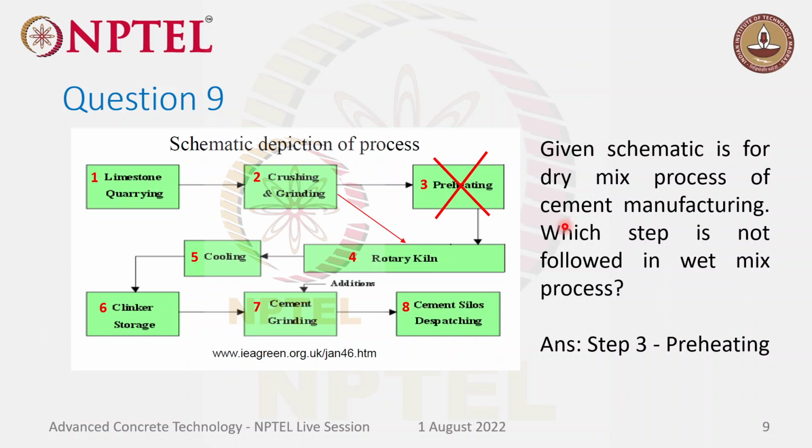Most of the cement plants in India were constructed in the 1980s, and most of them use the dry mix process. The raw material is ground and mixed in dry form, and the heat trapped from the cooling zone is used in the preheating zones. The material is partially calcined and ready to enter the rotary kiln, so it's more beneficial in terms of energy efficiency and cost as well.